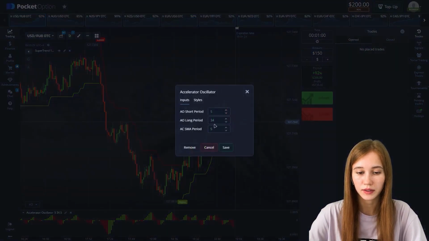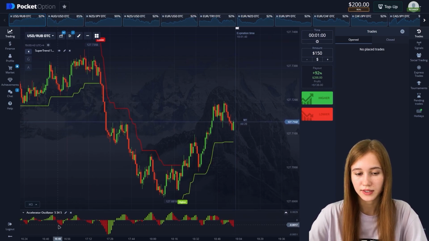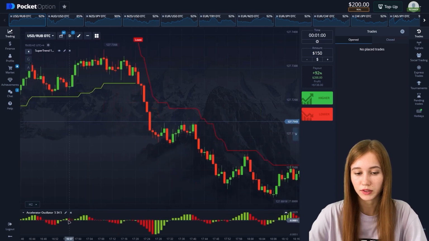So the second one, oscillator, you can see the settings. So how it works. We only need 2 consecutive confirming bars to open a trade.